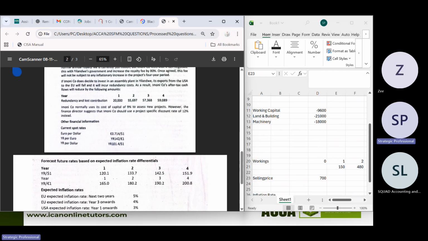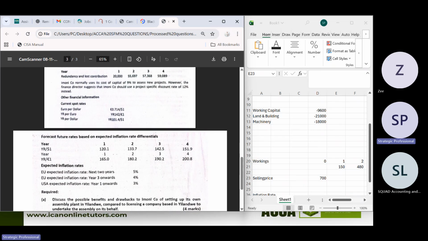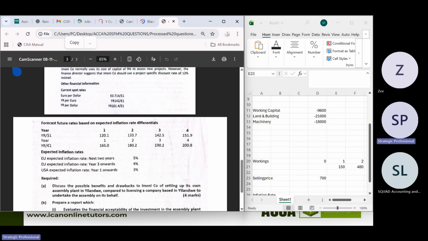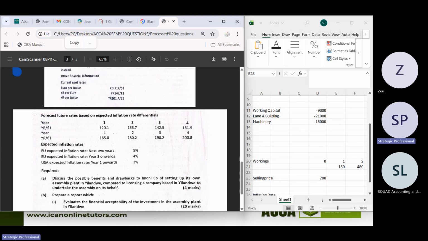These are forecast futures. Okay, this is the expected inflation rate. They said the EU's expected inflation rate will be 5% for the first 2 years, and then year three will be 4%, and year three onward will be 4%. The last one is USA. So we'll come here, EU inflation rate.